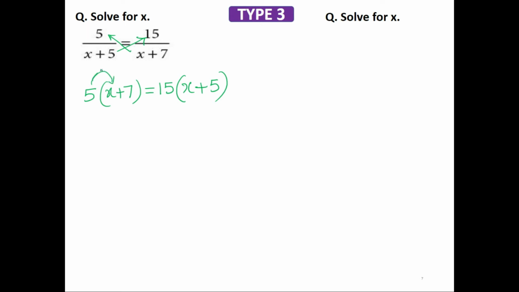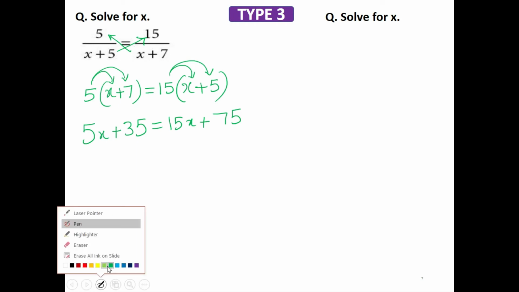Expanding the brackets, we have 5x plus 35 is equal to 15x plus 75. So thinking about the rule 1, where we're going to bring all the variables to one side and the constants to the other.